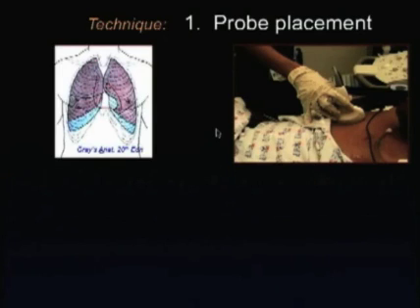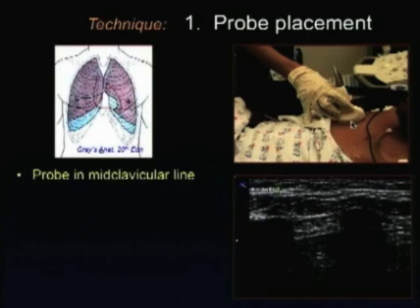When we do ultrasound to diagnose pneumothorax, the actual technique consists of placing the probe perpendicular to the ribs, as is shown here. So the probe is in a longitudinal plane, perpendicular to the ribs, allowing us to identify the ribs and the rib shadows seen right here.